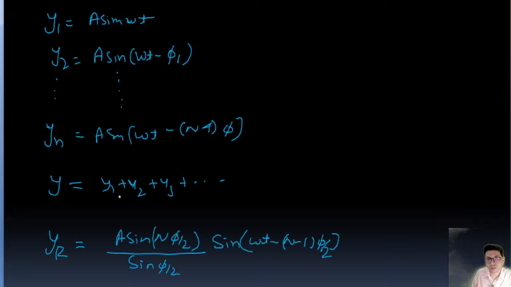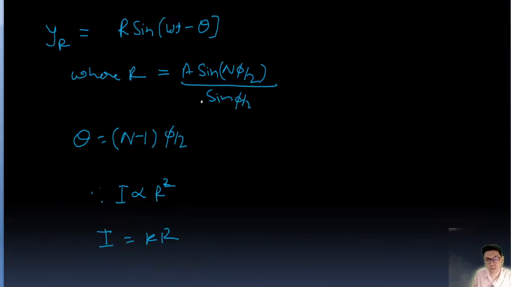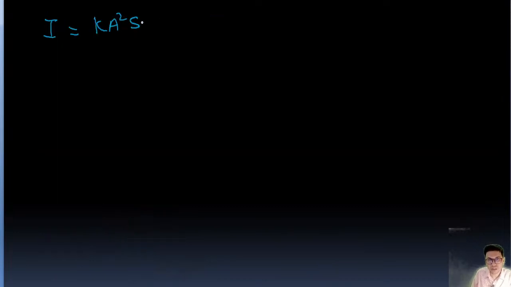So the value of I is going to be k a square, the r square value, a square sine square n phi by 2 upon sine square phi by 2.